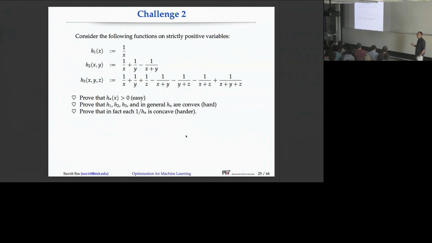It's easy, but it's not trivial. It's a good exercise to try out. The hard exercise is to prove that these functions are actually convex in all the variables, x, y, z, all the variables taken together. The variables are strictly positive, okay? That's important. I don't want to do 1 by 0.